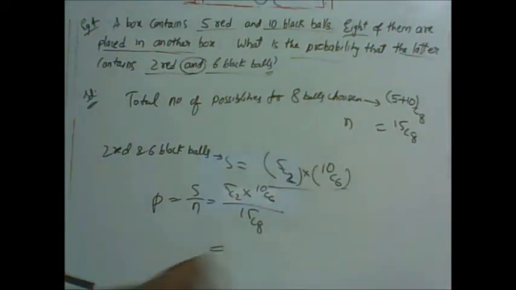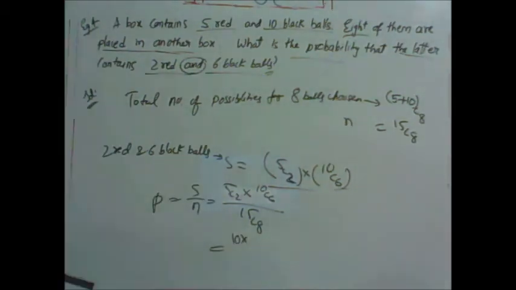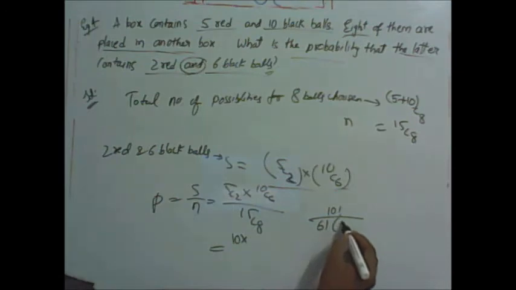So if we expand and solve 5C2 into 10C6 by 15C8: 5C2 we have already calculated in the earlier examples as 10. Now 10C6 is 10 factorial divided by 6 factorial into (10 minus 6), which is 4 factorial.